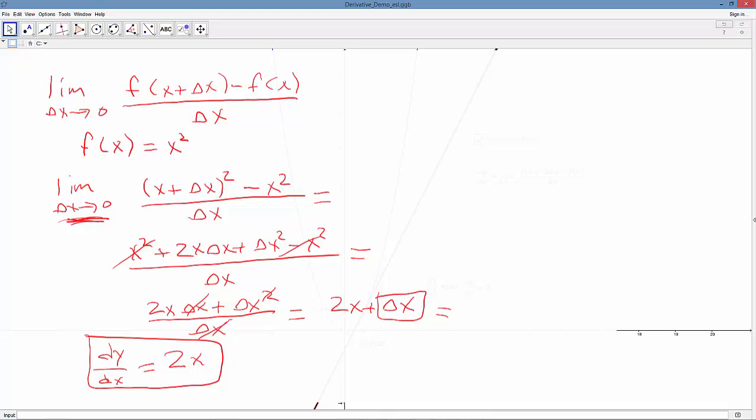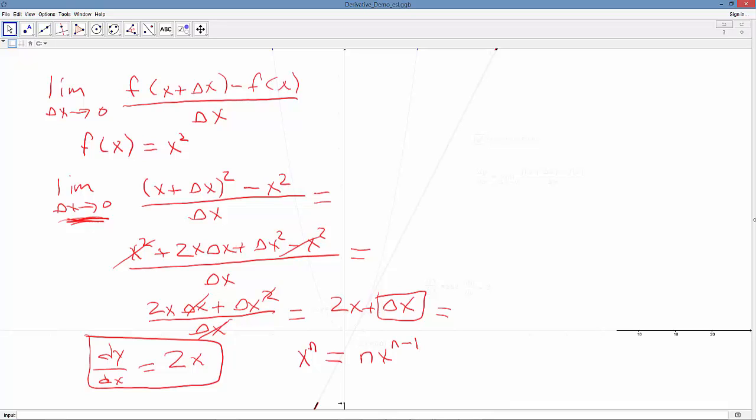And so, as you will be able to see in a more detailed course on calculus, if you actually want to calculate the derivative of x to the n, which is a more general case of x squared, then that is going to be n times x to the n minus 1.